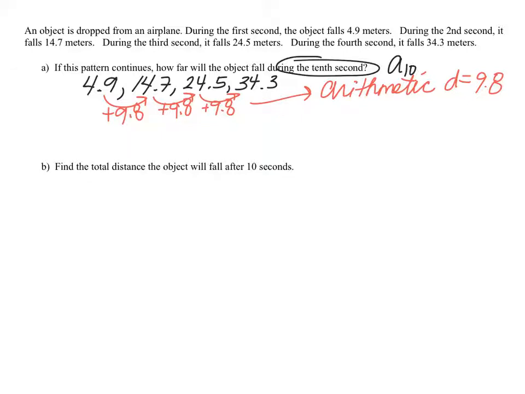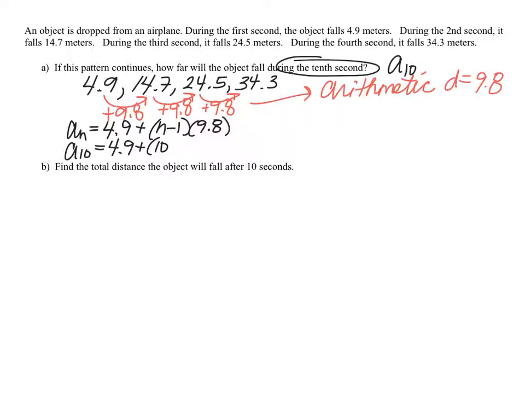So if you want to rely on your general formula for an arithmetic sequence, you certainly can. In this case, a sub n is equal to my first term, which is 4.9, plus n minus 1 times d, and d is 9.8. So that's one way to generate the formula for this sequence of numbers. And then we just have to go ahead and substitute in 10 for n, and that will get us the 10th term of our sequence.